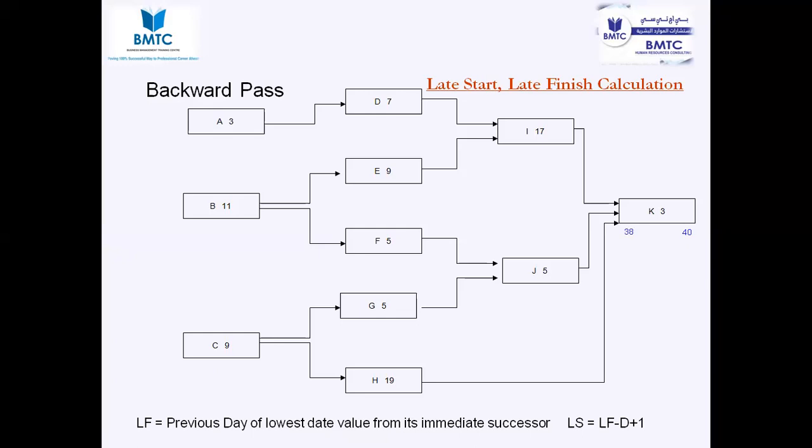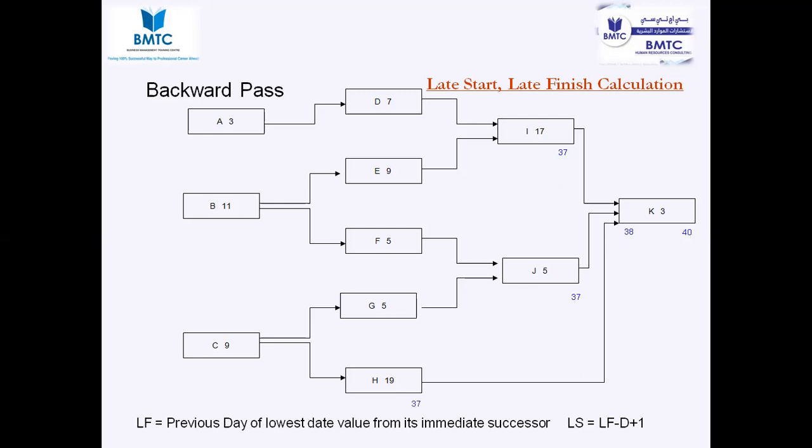Now 3 activities are connected with K: I, J, and H. So what should be the late finish of I, J, and H? 37, right? J also 37. H also 37. Okay.